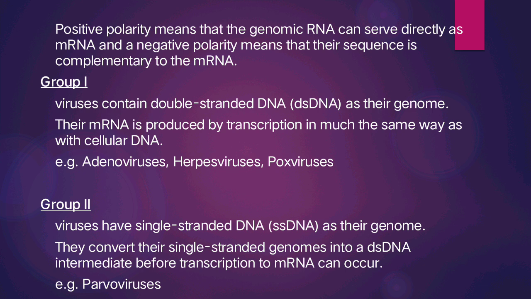Group 2: viruses have single-stranded DNA, ssDNA, as their genome. They convert their single-stranded genome into a dsDNA intermediate before transcription to mRNA can occur. Example: pox viruses.